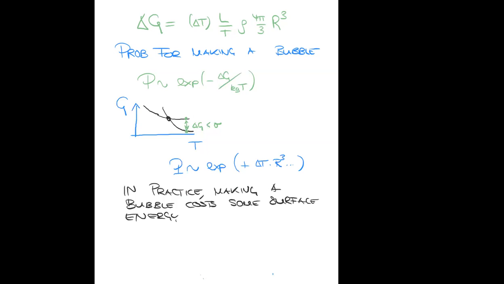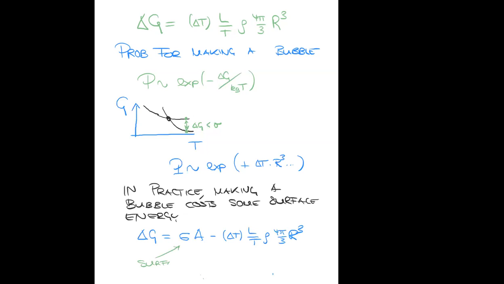So in practice, what you see is that this delta G has a term that makes it bigger, proportional to the area of the bubble, minus the term we just computed, the thing that wants to lower it. In this formula, sigma is some kind of surface energy.